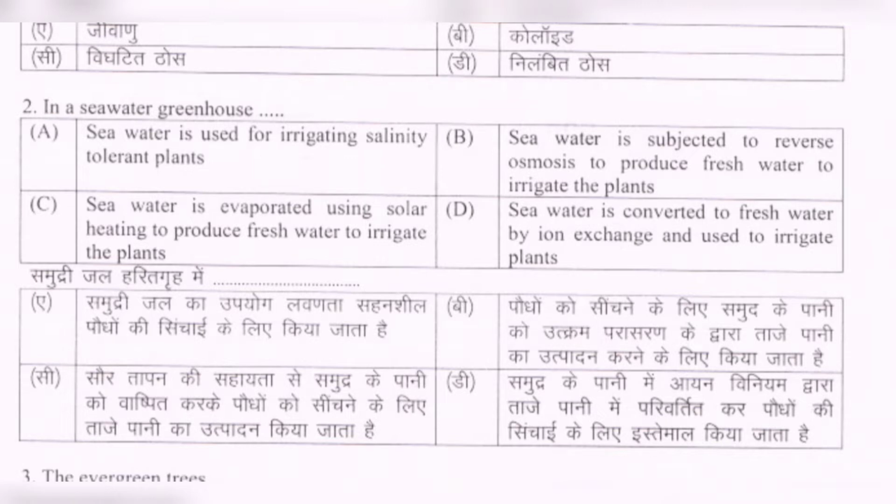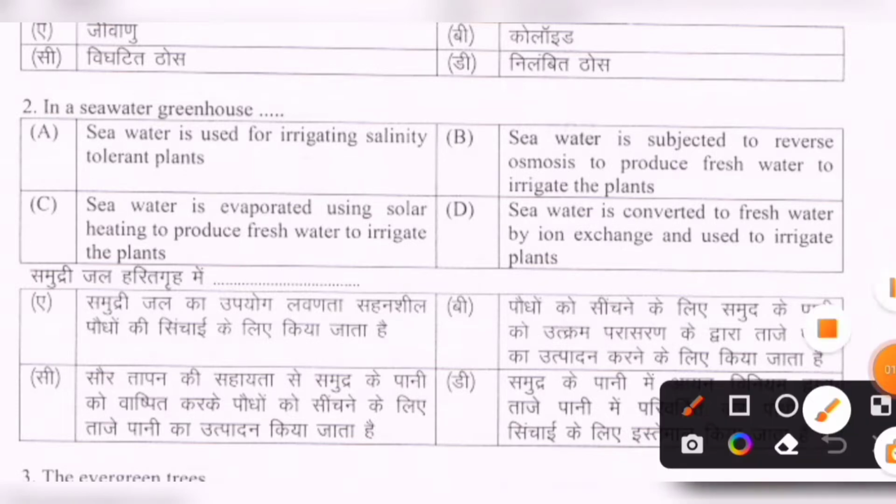Seawater is converted to fresh water by ion exchange and used to irrigate plants. The correct option is C. C is the correct option. That means seawater is evaporated using solar heating to produce fresh water to irrigate the plants.